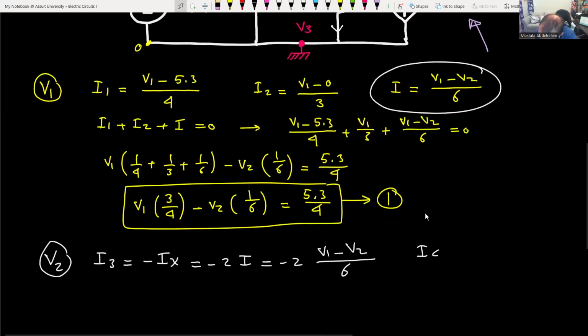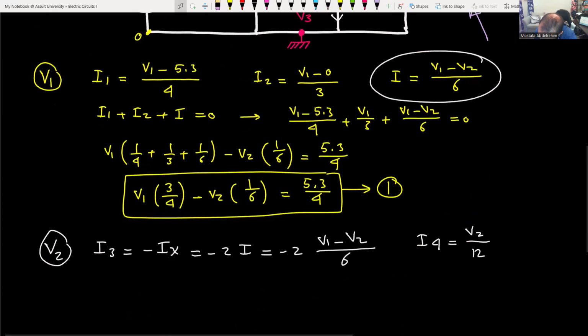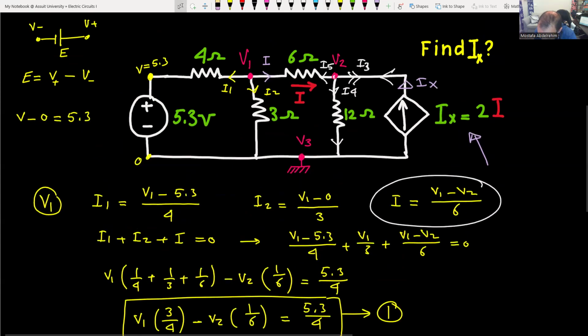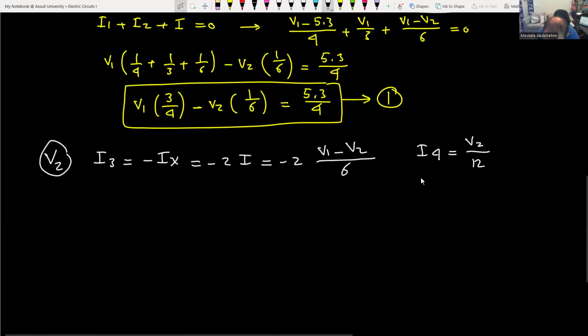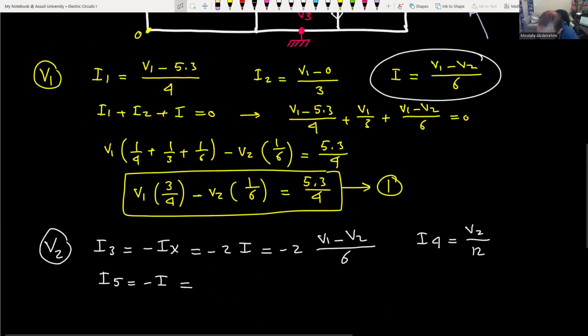And what is I5? I5 is minus I. I5 is going through the 6 ohm resistance this way, while I is flowing in the opposite direction, so I5 is equal to minus I. And what is I? I is again V1 minus V2 over 6.